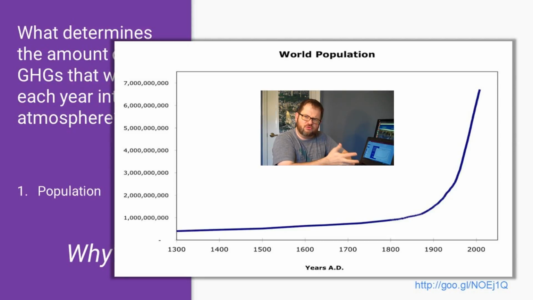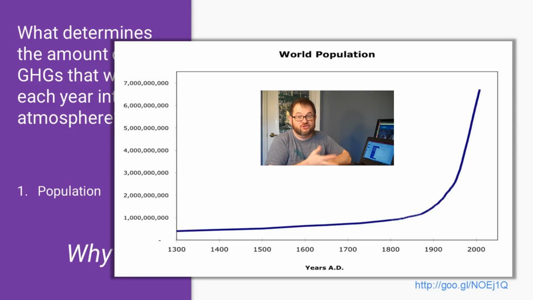As world population increases, every one of those people consumes products that are produced and distributed using fossil fuels. They may also be using fossil fuels for transportation and so on. As the world's population goes up, all else being equal, we'll be using more fossil fuels and therefore increasing the amount of greenhouse gases in the atmosphere.